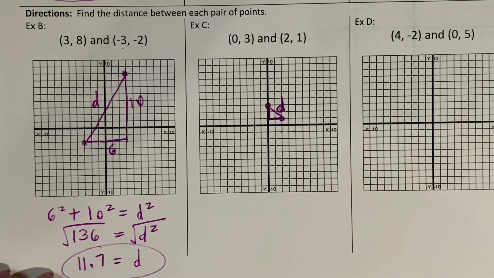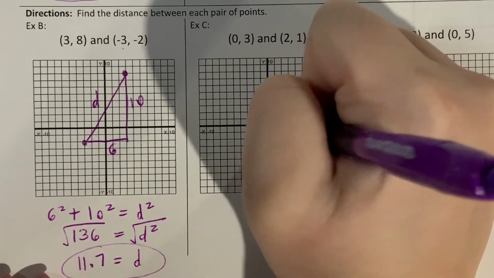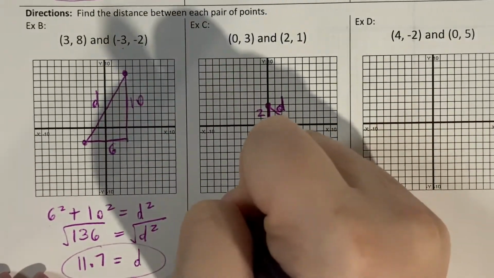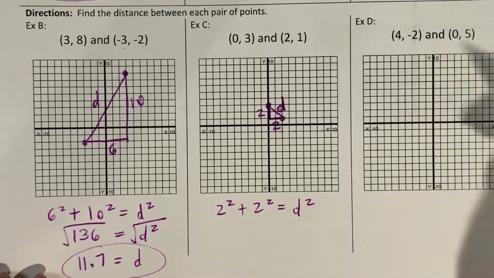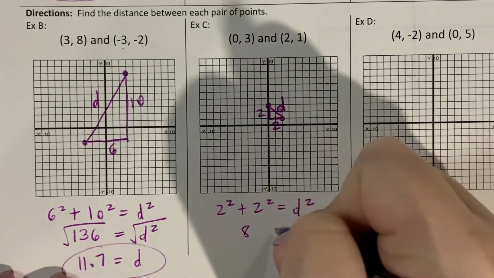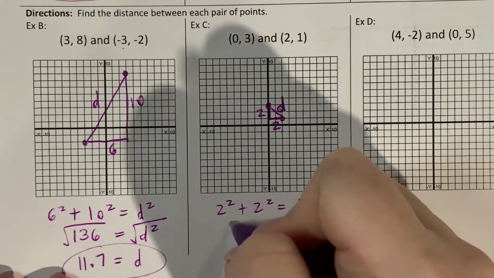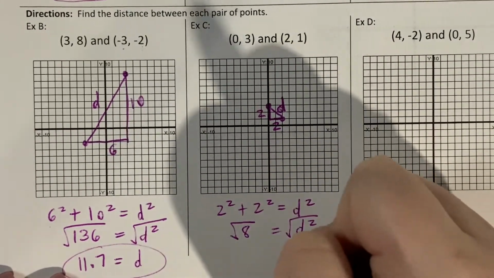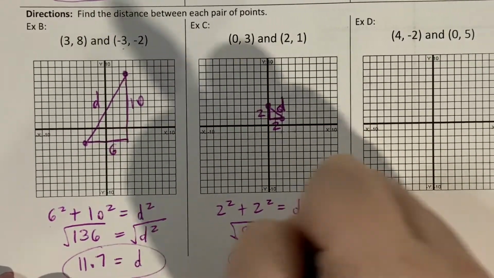It's a very teeny right triangle, and both of these legs end up being 2 units. So I'm doing 2 squared plus 2 squared equals my distance squared. That gives me 8 equals my distance squared. Last step, take the square root of both sides, and I get that my distance equals 2.8 units.